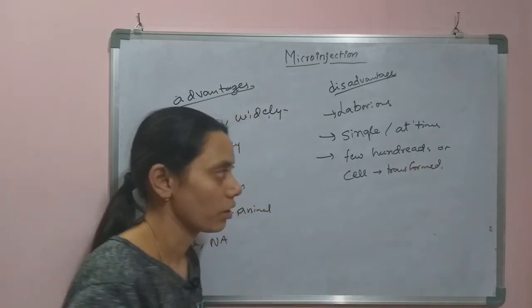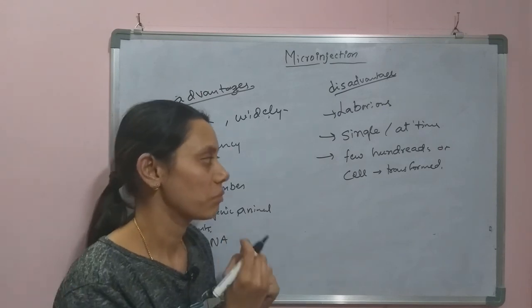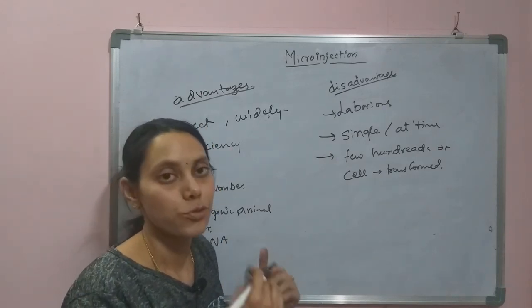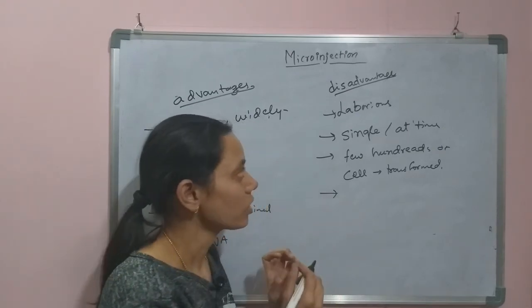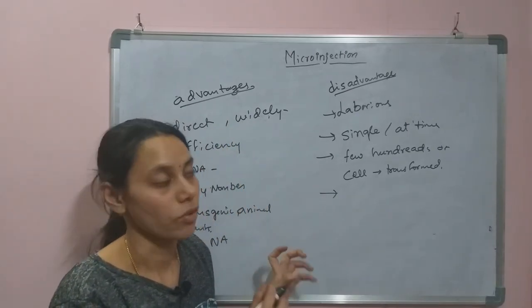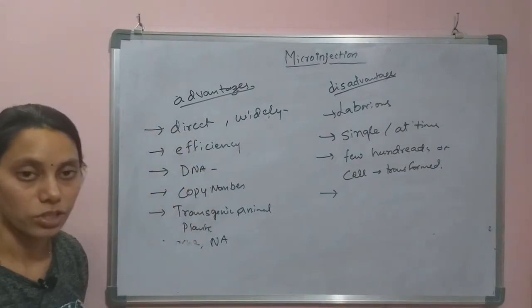So one after the other, at max we can make some 100 cells to be transformed, and this is the major disadvantage of this procedure. So this is what the microinjection process is.